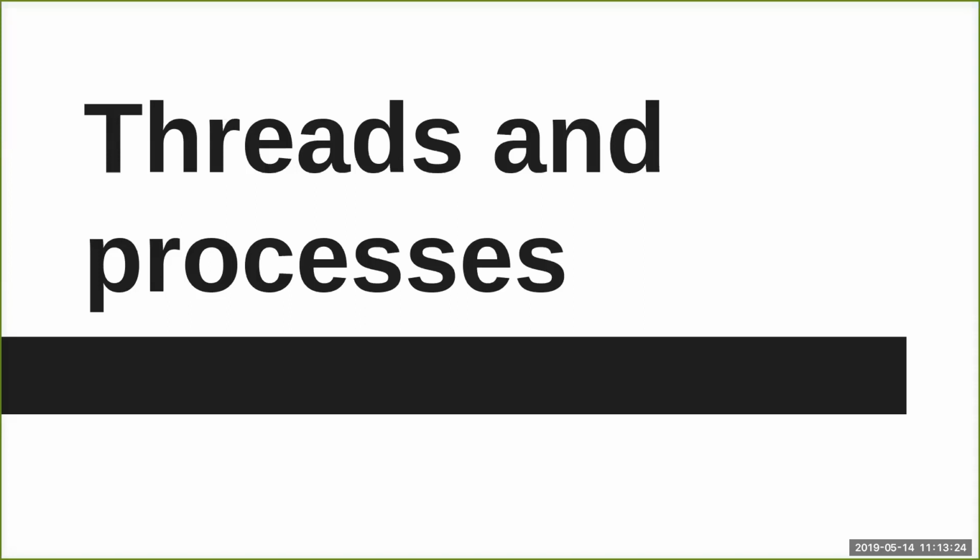There are a few concepts that are key to understanding how to optimize your Python code. The most important one is the difference between threads and processes. By default, if you are running just pure Python code, it's single-threaded, so it can only use one single core of your CPU.